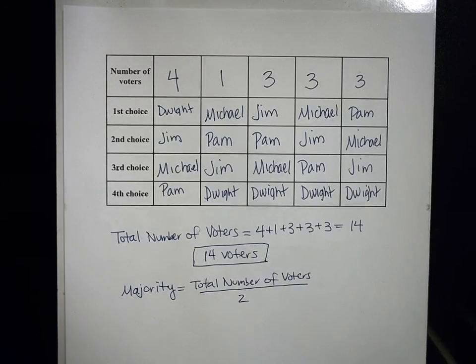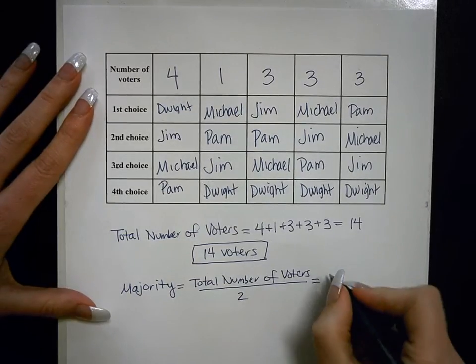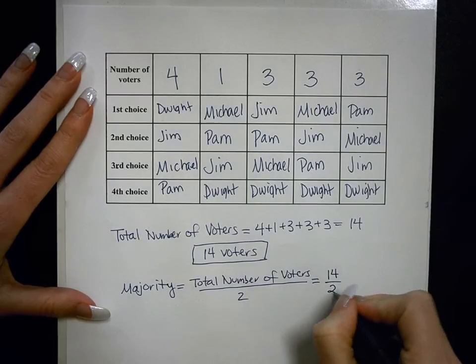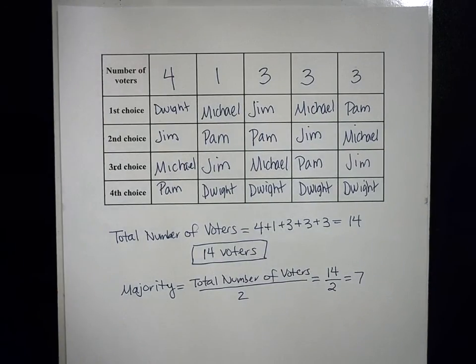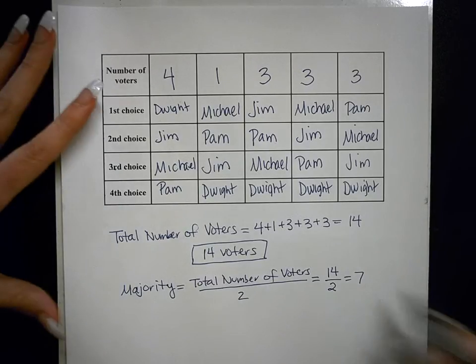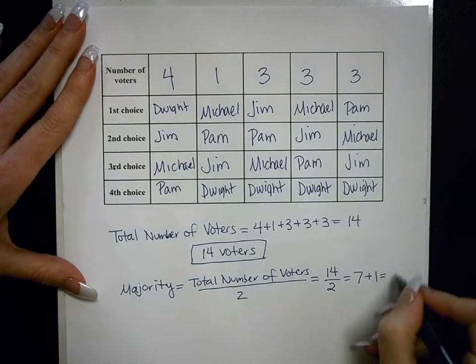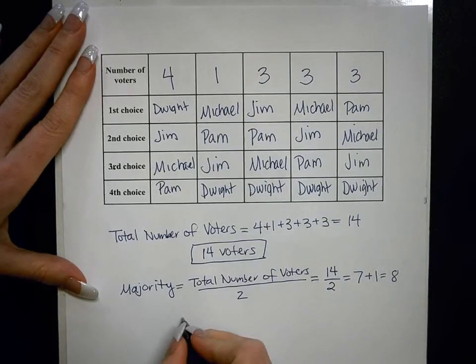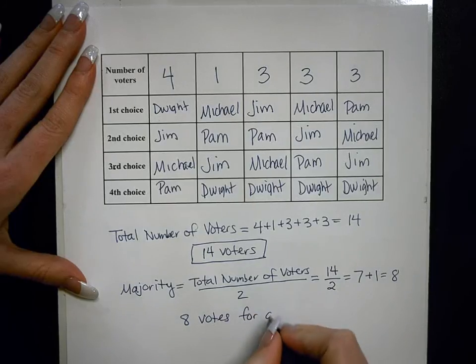In this example, the total number of voters is 14. So we divide 14 by 2, and that gives us 7. Now 7 is exactly the halfway point, and we need a majority. So we have to add 1 to it, which gives us 8. In this example, we would need 8 votes for a majority.